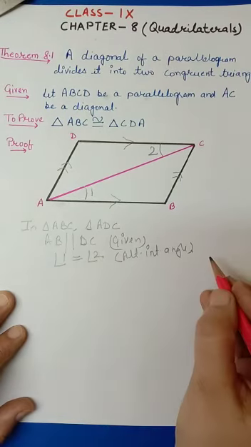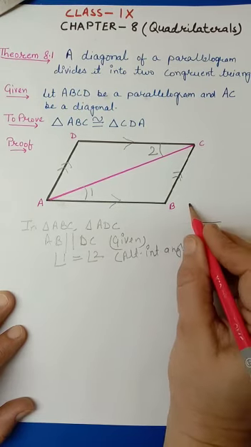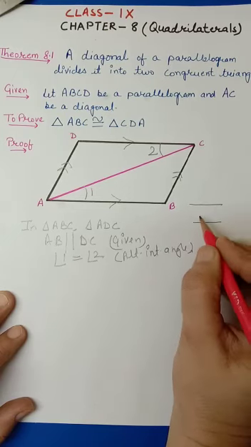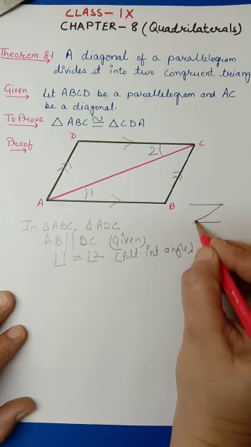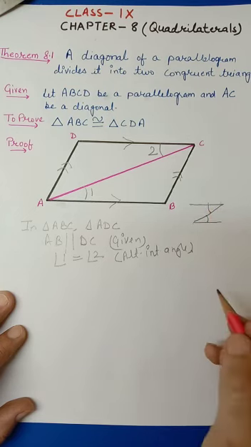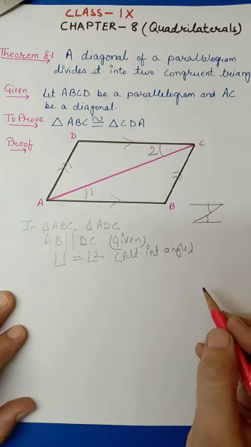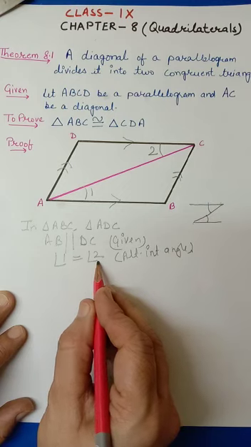Now this can be better understood if I am drawing here lines. Say this is your AB line and these are the two lines. AB is parallel to DC and AC is the transversal, and these two angles are forming here alternate interior angles. Now angle 1 is equal to angle 2 for the same reason.